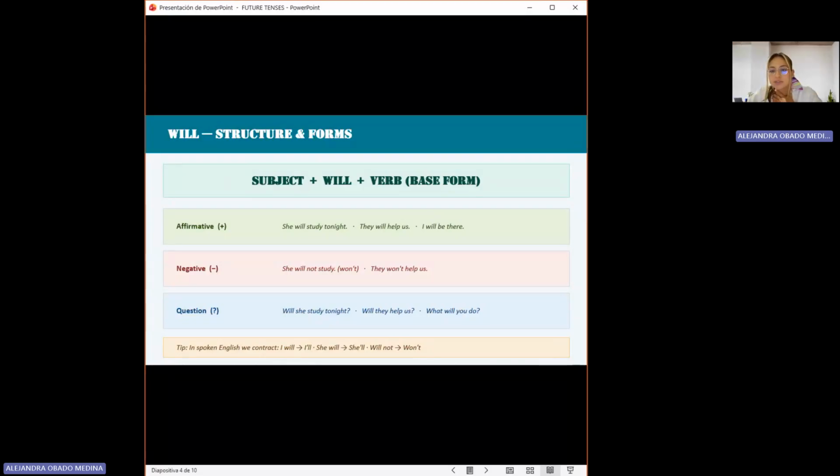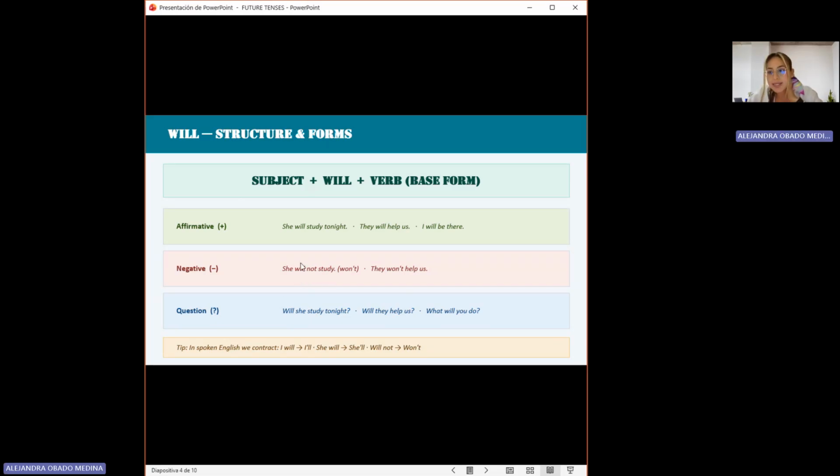Entonces, she is the subject, will the auxiliary, and study the verb base form. And negative. She will not study or they won't help. In this example, will plus the negation not.